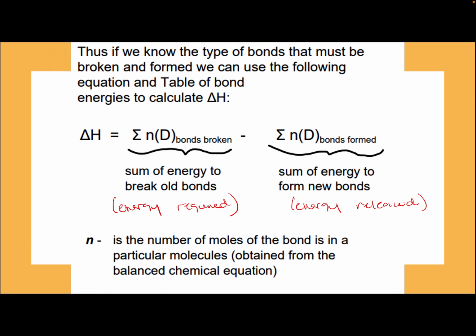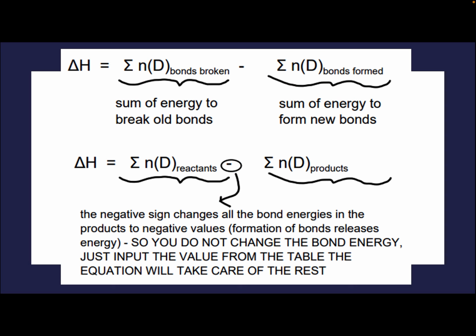So the sum to break the old bonds is a positive value, and that means energy is required, and the sum to form new bonds is negative values, and that is energy released. And remember, n in this situation is the number of moles of the bond in a particular molecule, and that is obtained from the balanced equation.